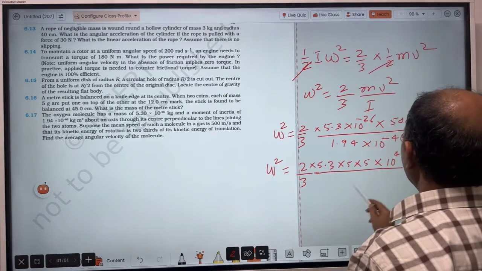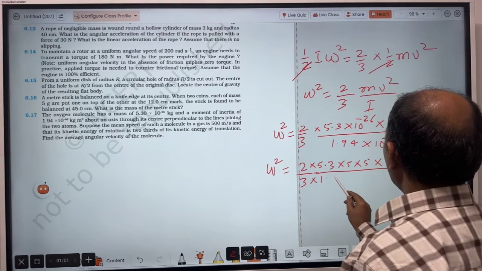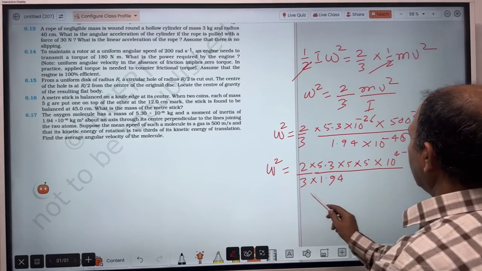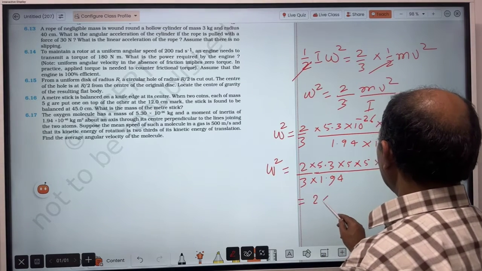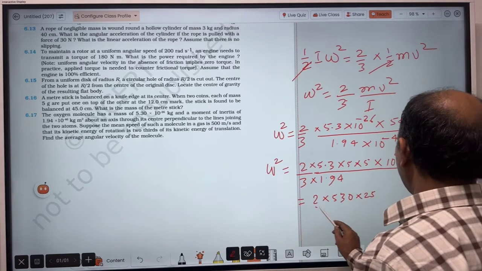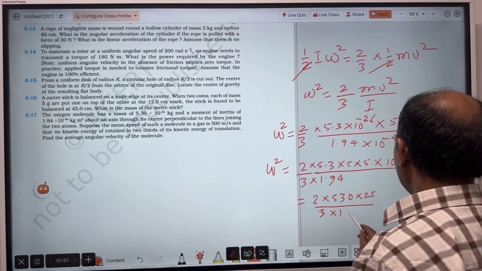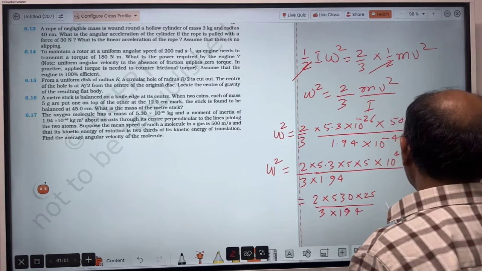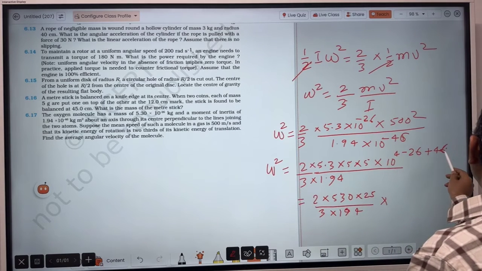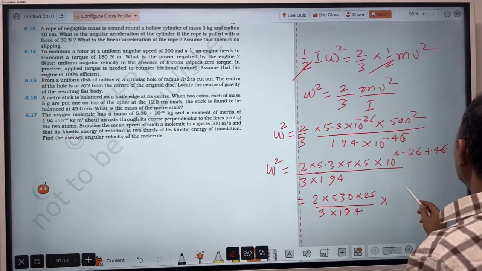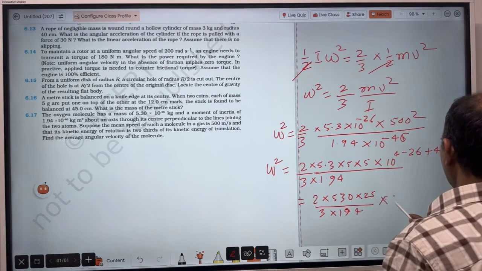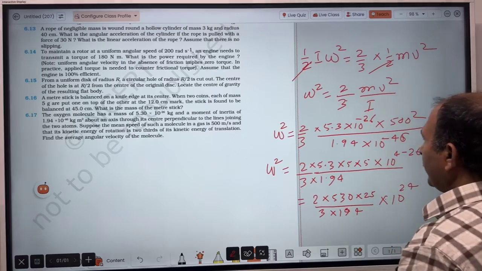Divided by 1.94. Further, if you wish to remove decimal, then that can be done like 2 into 530 into 25 divided by 3 into 194 into, here this is 50 minus 26, 24 positive, into 10 to the power 24.